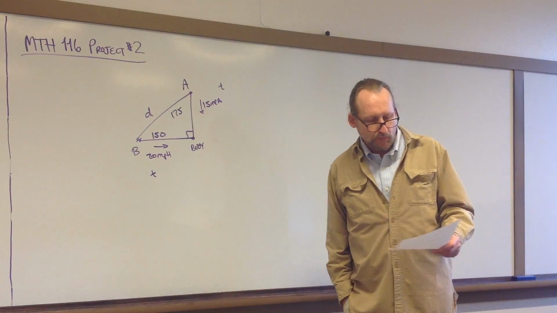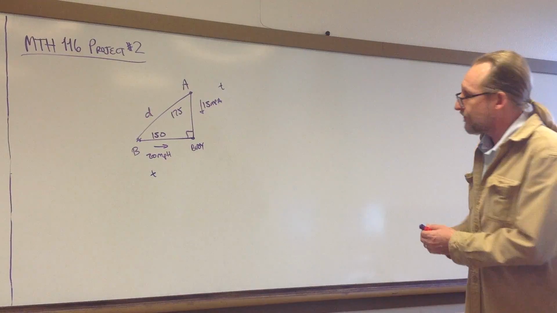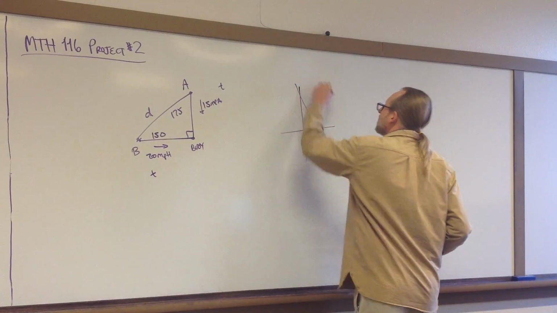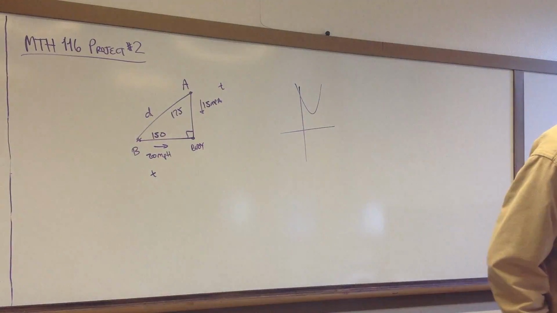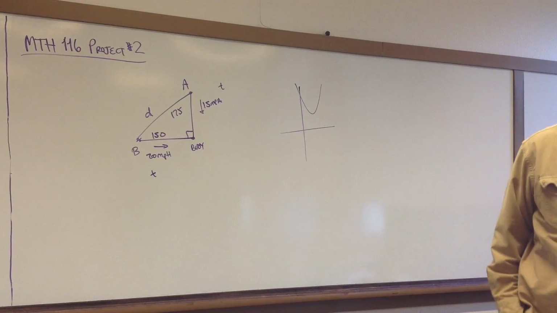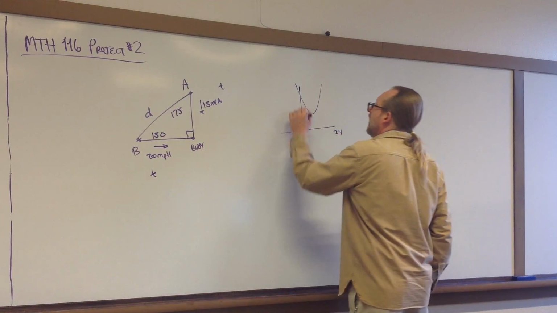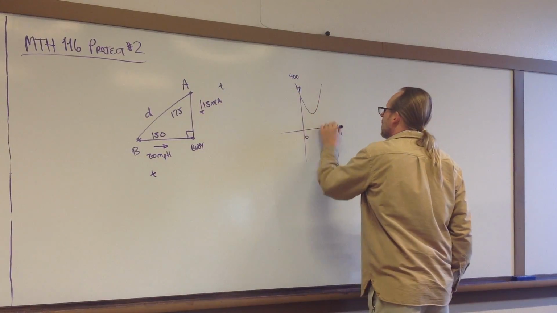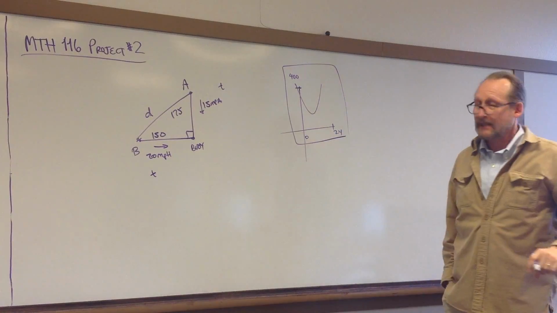All right, part C, I want you to graph your formula from part A, and it's going to look something like this. Positive values of t from 0 to 24 hours, and for d up to 400. So make sure that we can clearly see the graph like that.